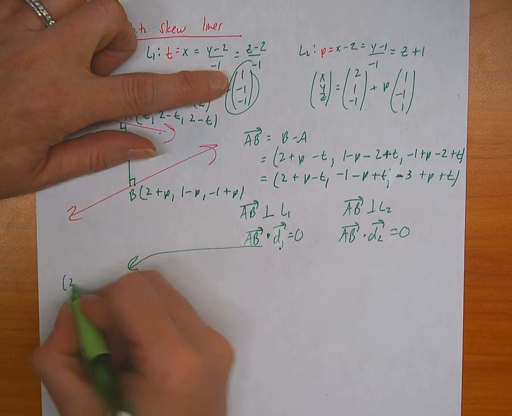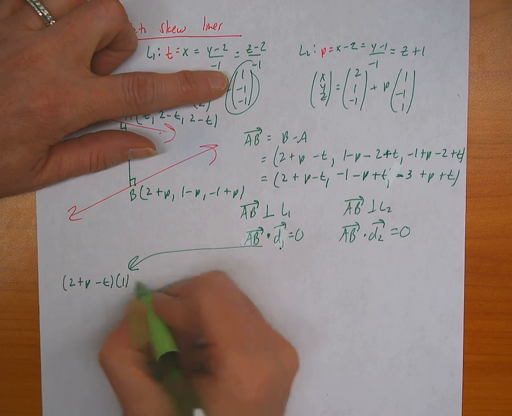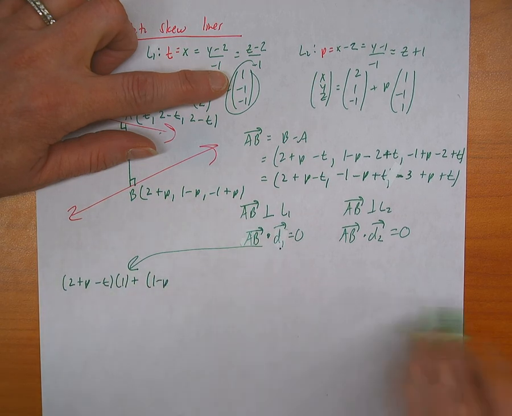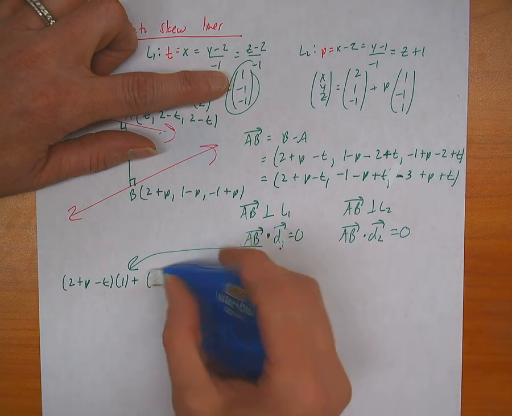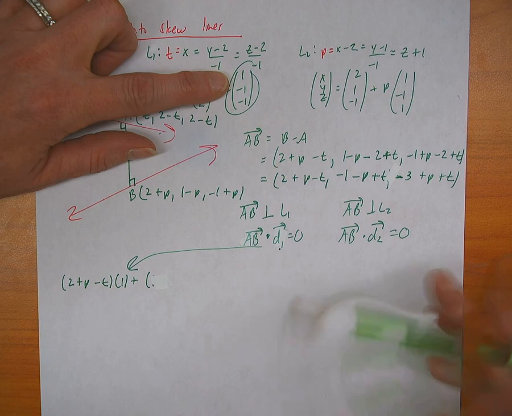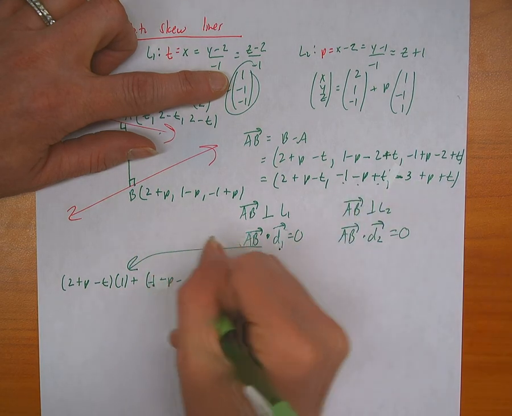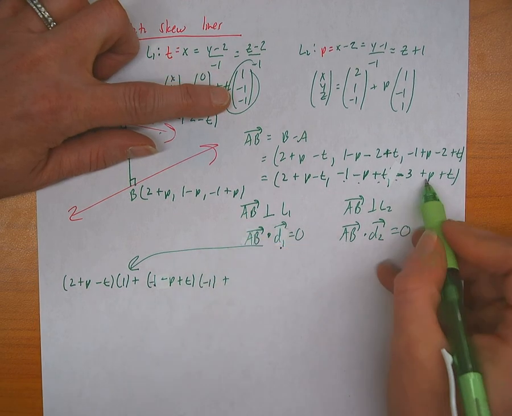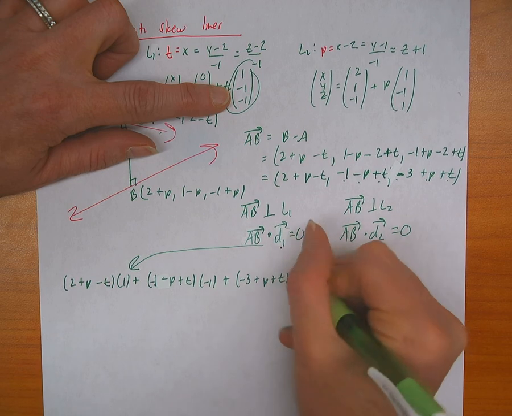So I need 2 plus p minus t times 1, plus 1 minus, sorry, I rearranged it, negative 1, I'll use this one, negative 1 minus 1 plus t, dotted with negative 1, and then negative 3 plus p plus t, dotted with negative 1.